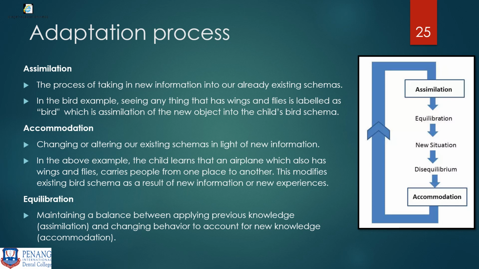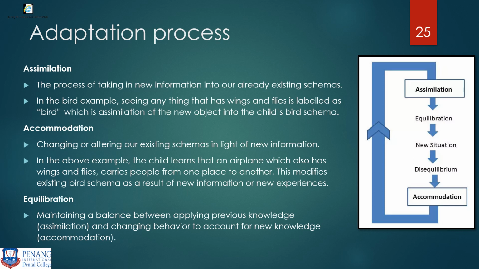So he will develop probably a new schema different from the bird schema. And once he develops that, cargo plane is different from a passenger plane, again the new information that okay, all planes do not carry passengers, some only carry cargo, then he will again try to accommodate the new concept of cargo planes into his existing schema. So this will keep going on. So there has to be a balance between assimilation and accommodation, and it is very important that the child is able to balance it by having proper support from parents and teachers, so that he is able to have this adaptation process without fail.